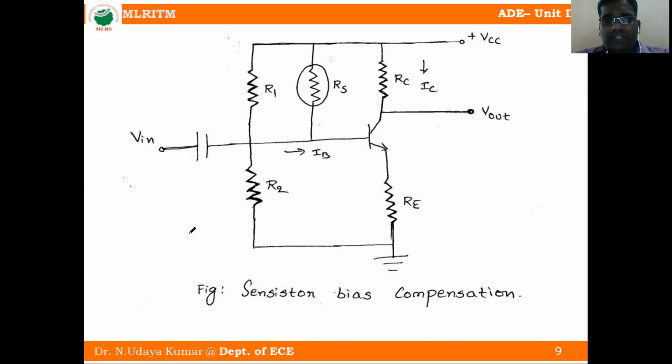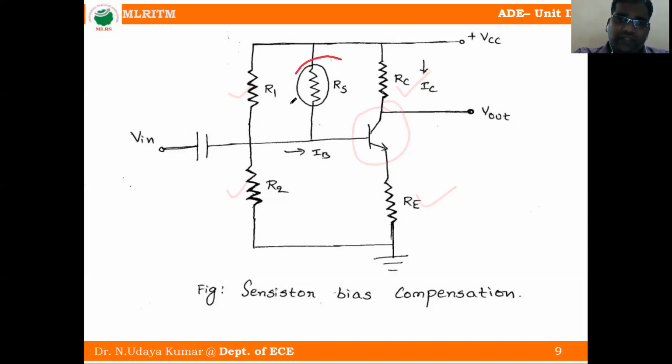Now we will analyze the circuit. So it is an amplifier circuit. This one is the transistor. This one is RC, the collector resistance, and the emitter resistance. This is the voltage divider, R1 resistance and R2 resistance.